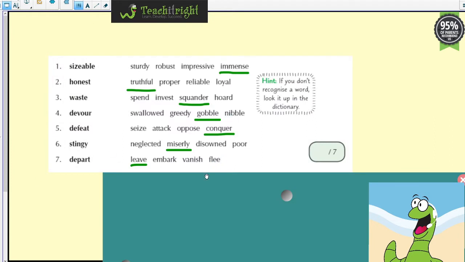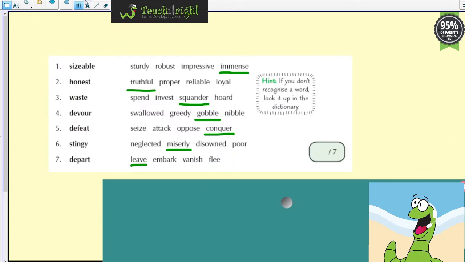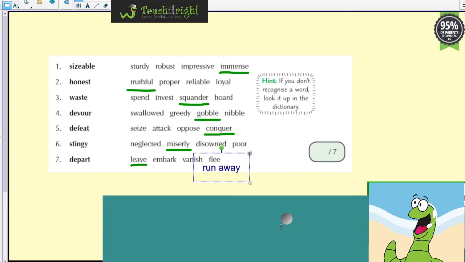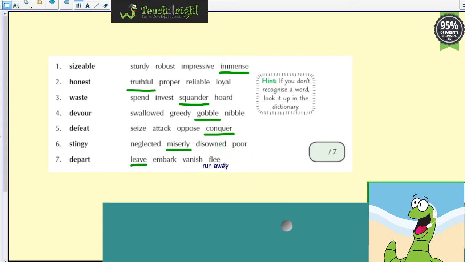Let's say you didn't know that flee meant run away. Under each word you don't know, write out a synonym for the word. So flee means run away, and you can do that for every single word in the book.